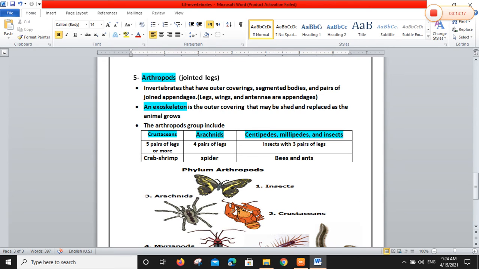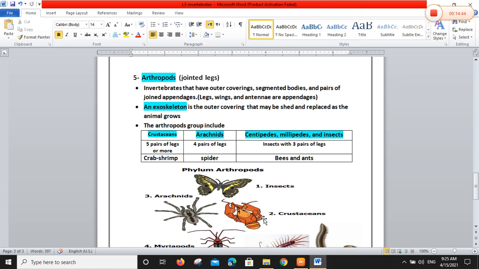Four pairs of legs and a pair of antenna. Yes, look at butterfly with two antenna. So arthropods are characterized by antenna. Look at the crustaceans, two antenna and four or five pairs of legs. Look at the pairs of legs. Okay.